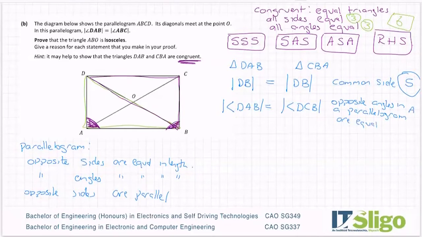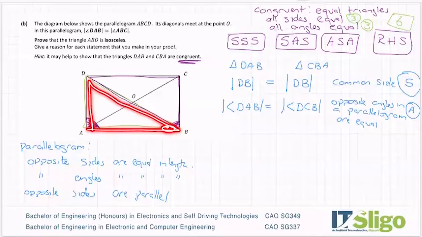Okay, so that's an angle now that I have shown is equal. Now, I can't really use this angle because you see the way that angle crosses over the two triangles, this diagonal bisects it. So half the angle belongs to this triangle and half belongs to this triangle. Okay, so I can't really use the other angle.